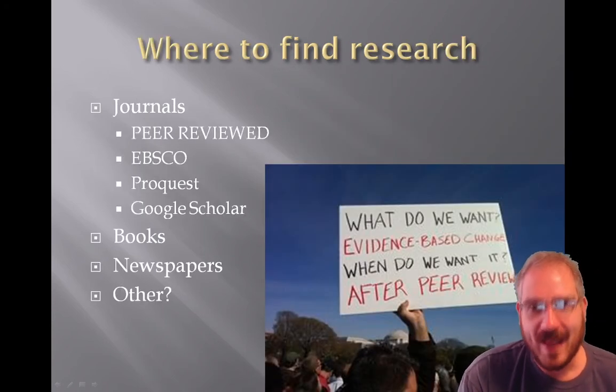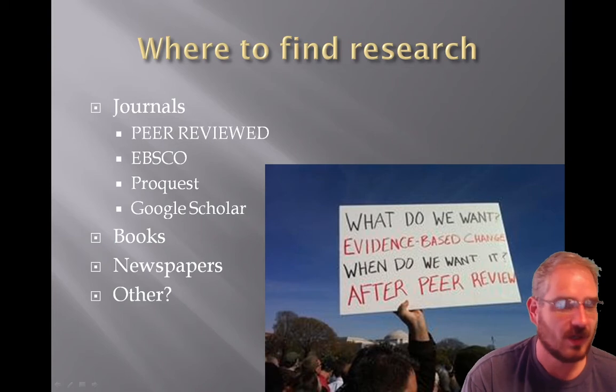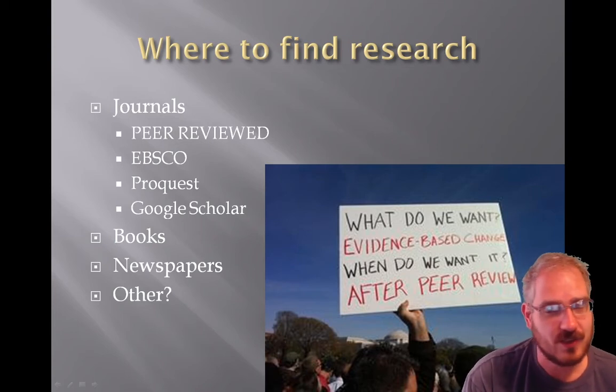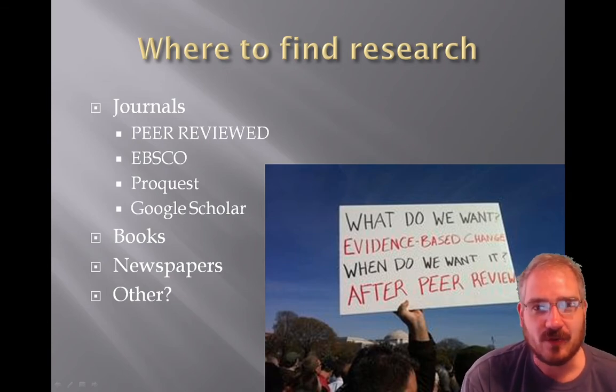Well, the best places to find research, if you're going to write an actual scientific paper, a research paper for high school or college, trying to get something published, any kind of scientific or technical report, paper, book, whatever, you're going to have to go out and find people who have looked at that subject before you.